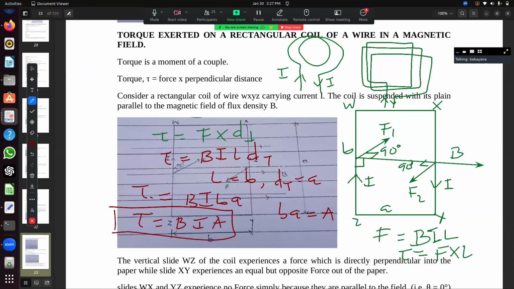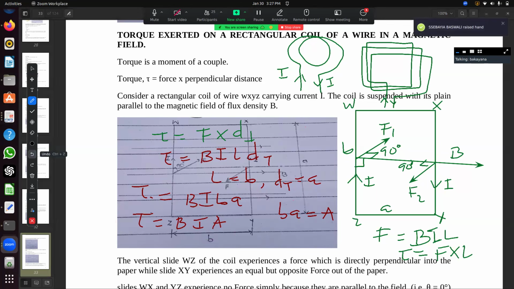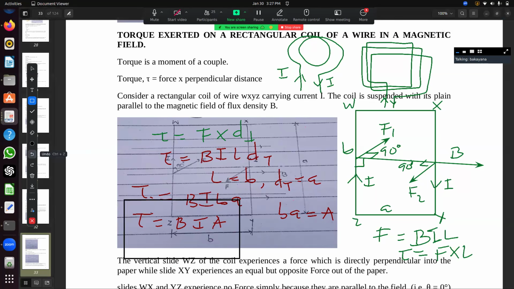As simple as that. So the formula for the torque exerted on a coil is the magnetic flux density times the current through the coil times the area of the coil. So this is the formula.